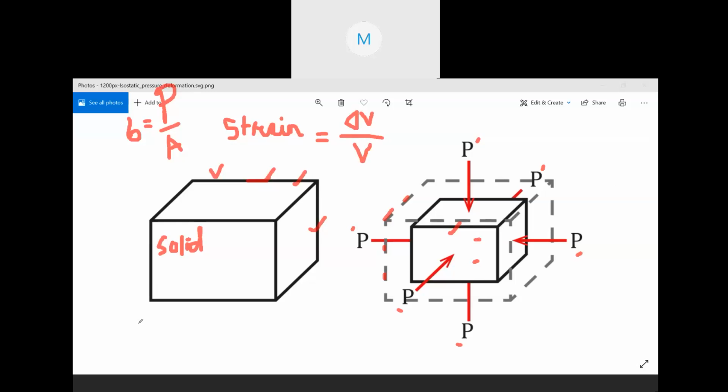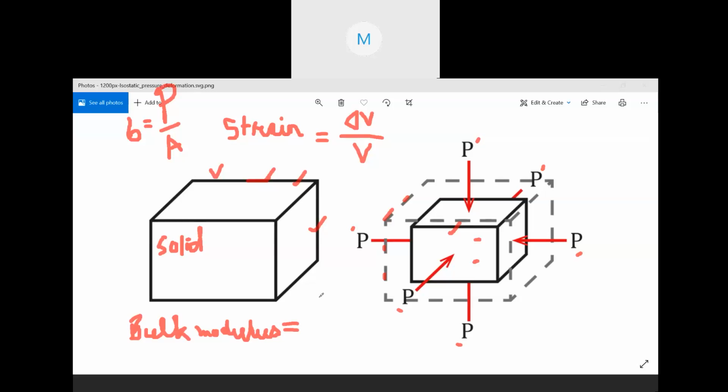So, bulk modulus, or modulus of rigidity. What will be the formula of bulk modulus now?